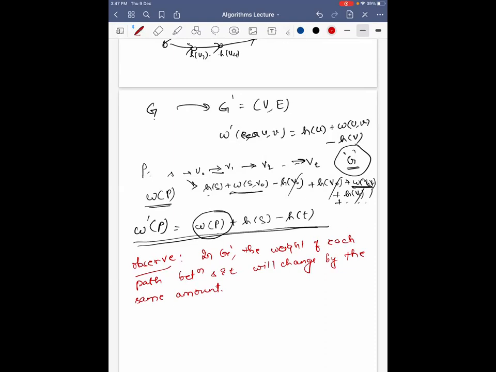Every path between S and T will change by exactly this amount.